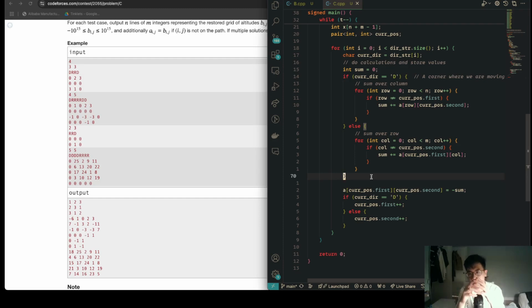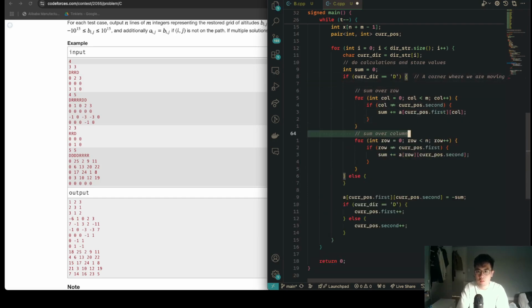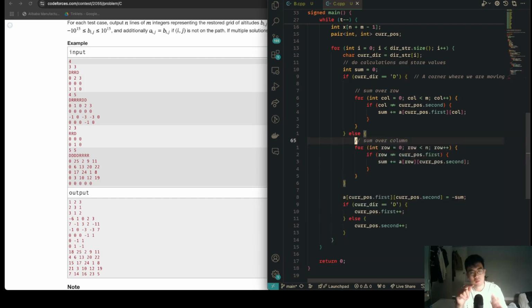Let's go down. If you're about to go to the right, you sum over the column. If you're here and about to go down, you sum over the row.